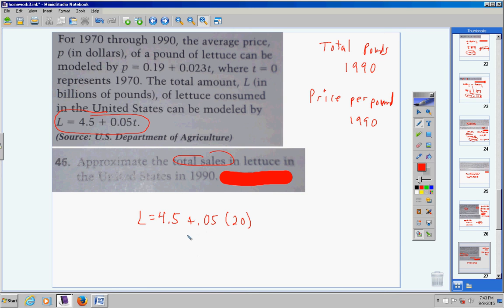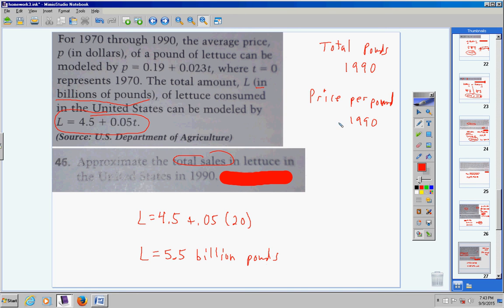So let me grab my calculator real quick. I'm going to multiply 0.05 times 20 and then add that plus 4.5 equals, and I'm getting this, L equals 5.5 billion. Remember, it says right here, L is in billions of pounds. So 5.5 billion pounds is my total pounds. Good deal.